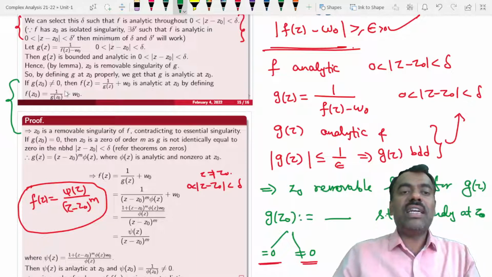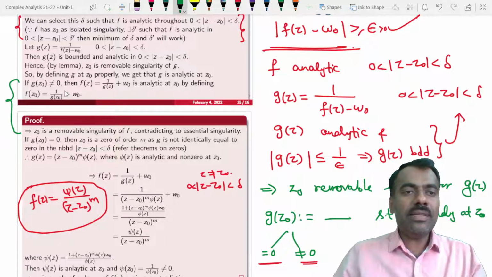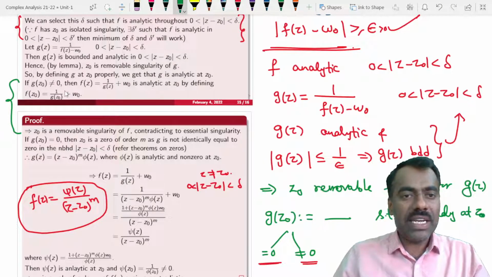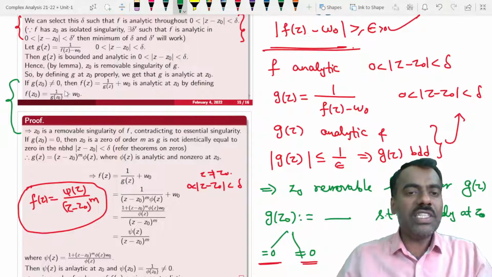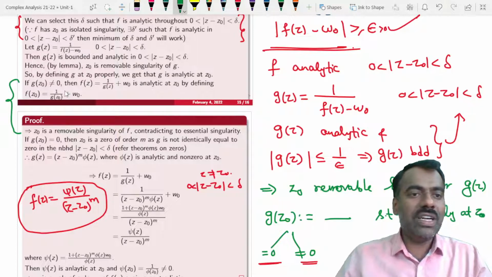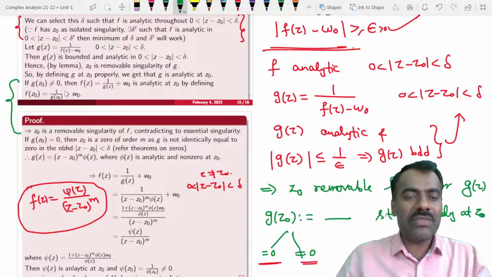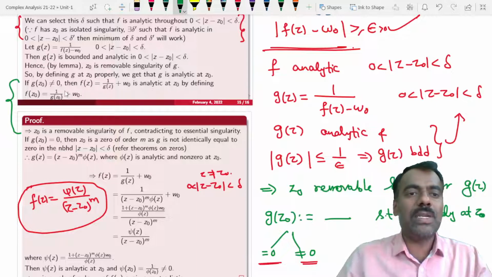If g of z naught is not equal to 0, then we can write f of z as 1 by g of z plus w naught, which is analytic, because f has a problem only at z naught. Then at z naught, 1 by g of z naught is non-zero, so we simply define f of z naught as 1 by g of z naught plus w naught.